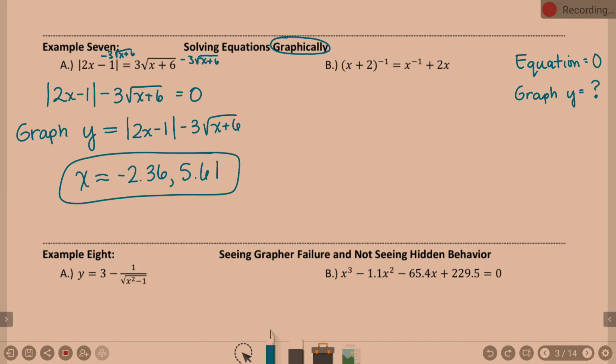And then lastly, we looked for x-intercepts, or the fancy word for x-intercepts, zeros. In order to do that, I did second and the trace button, which takes me to the calc menu. And then we went to zeros.